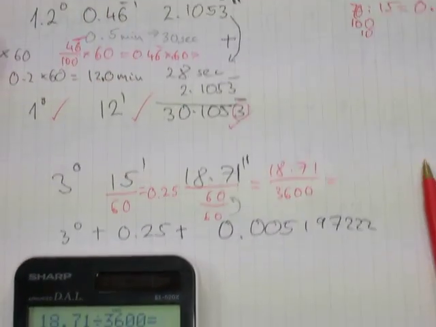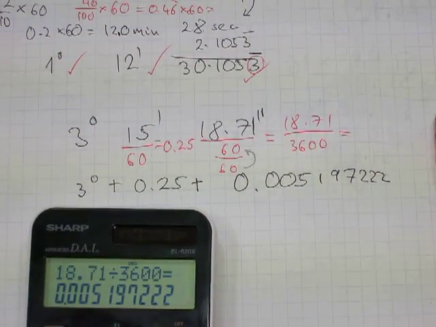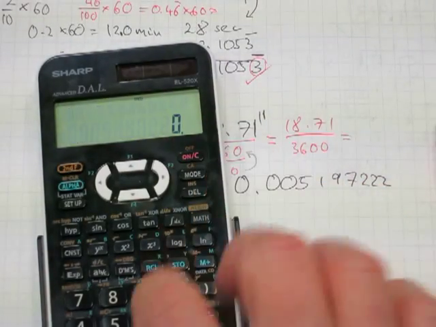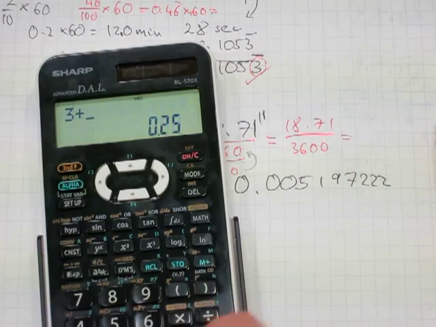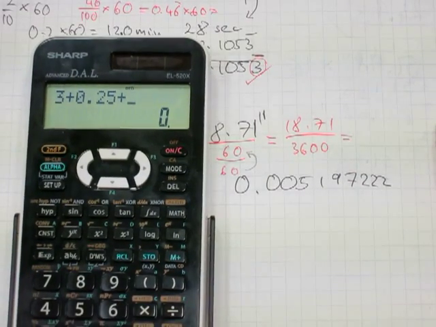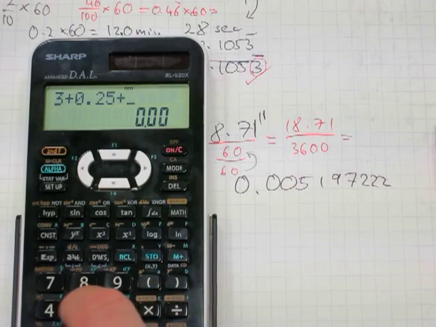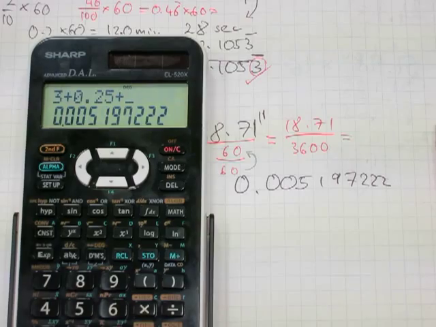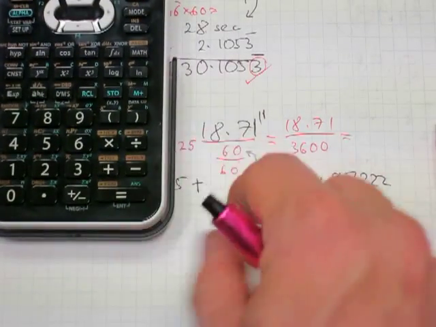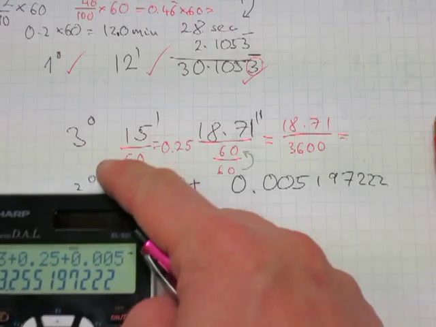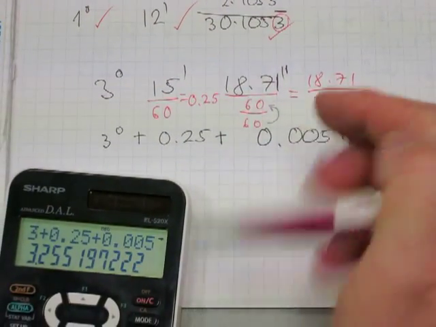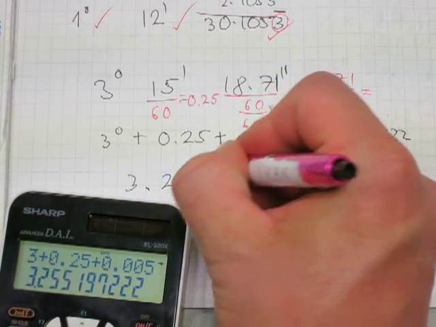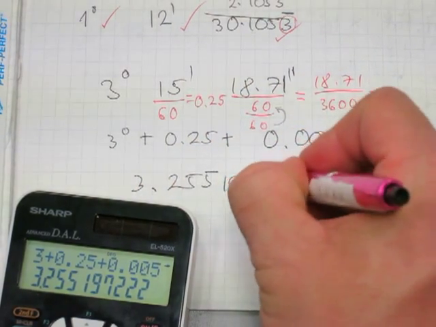So let's add all of these decimals there. The 3, the 0.25, 3 plus 0.25 plus that number 0.005197222 equals that number. Let's copy it down here as an answer. 3.255197222.